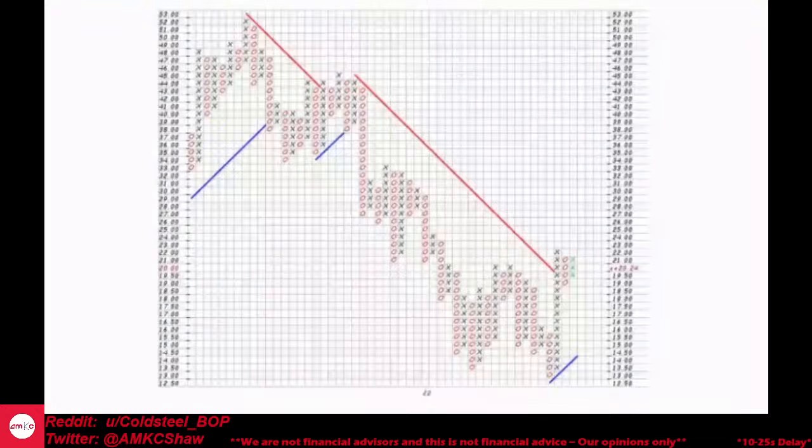Anything below $20 went by 50-cent increments. But above 20, it's dollar increments, and then above 100, it's $2 increments. But we're not near 100. These have worked for 100 years, and they still teach these in the same classes.